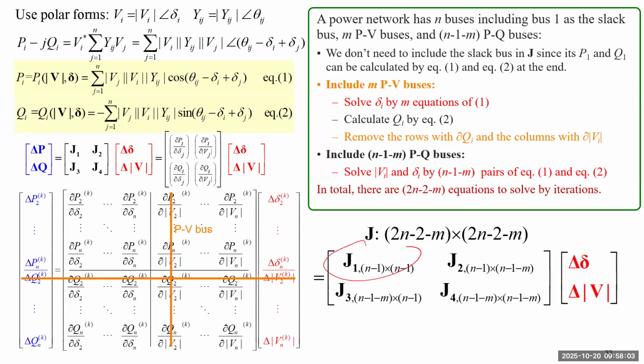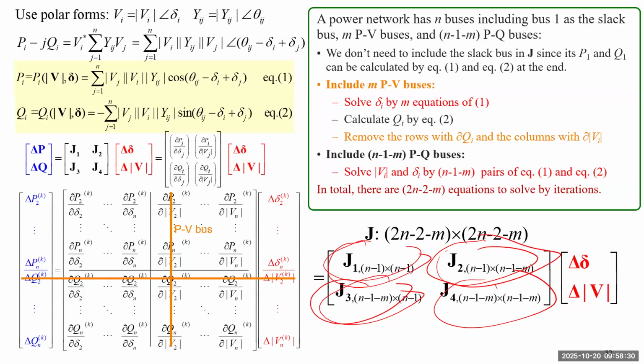So we have 4 blocks. The first block, J1, includes everything except for the slab bus. J2 is not a square. It includes all the rows except for the slab bus, but not the columns of the slab bus and the PV buses. J3 is symmetric to J2 in terms of shape.